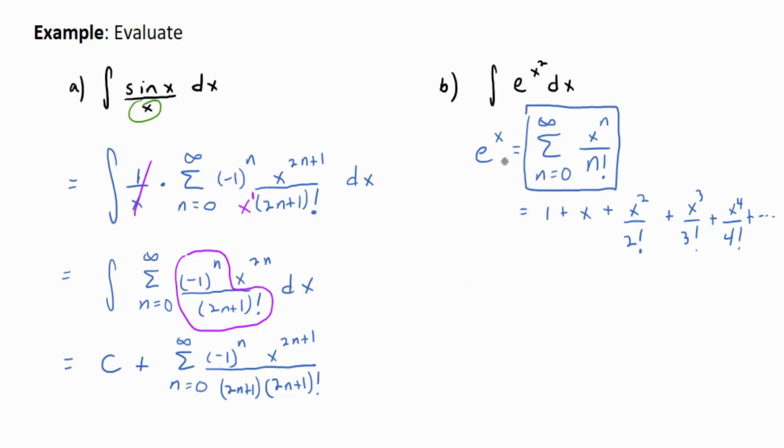Okay, so then based on that guy, what is e to the x squared? Well, what you do is instead of plugging in x, you plug in x squared right there. And so you get, let me color code it, x squared to the n.